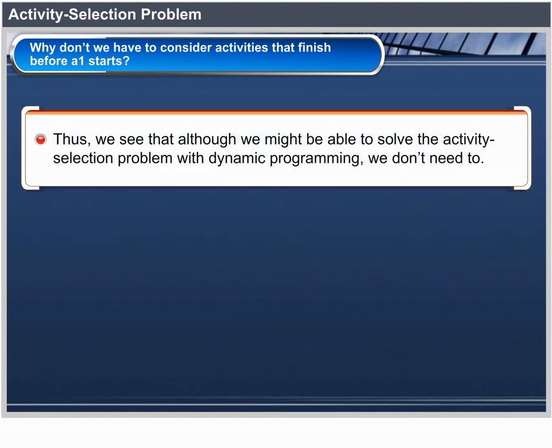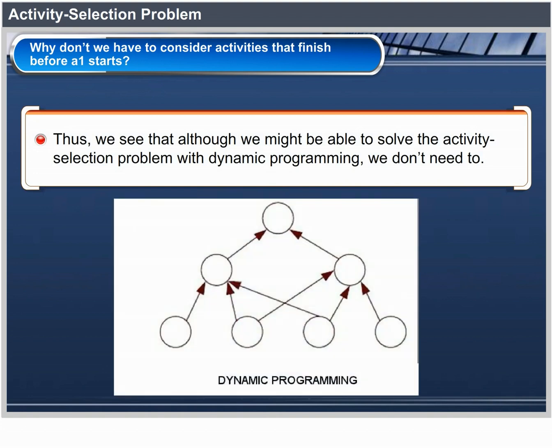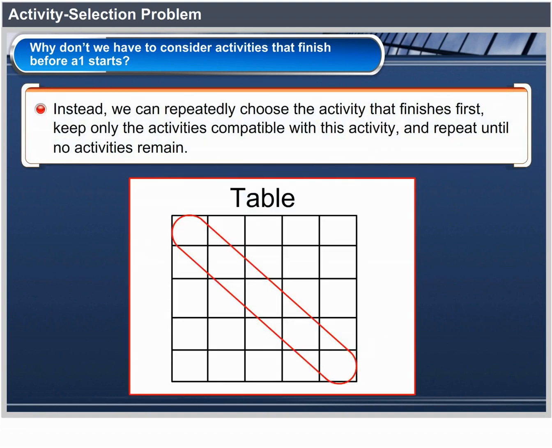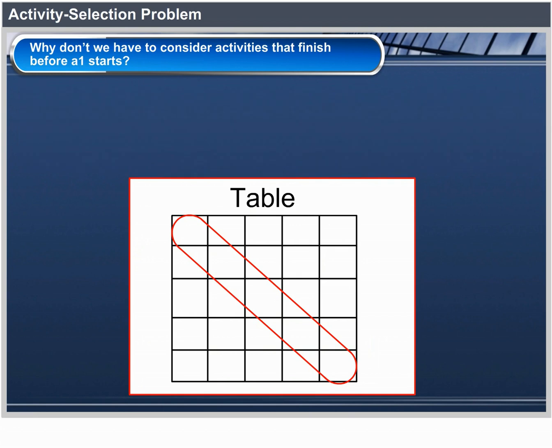Thus, we see that although we might be able to solve the activity selection problem with dynamic programming, we don't need to. Besides, we have not yet examined whether the activity selection problem even has overlapping subproblems. Instead, we can repeatedly choose the activity that finishes first, keep only the activities compatible with this activity, and repeat until no activities remain.